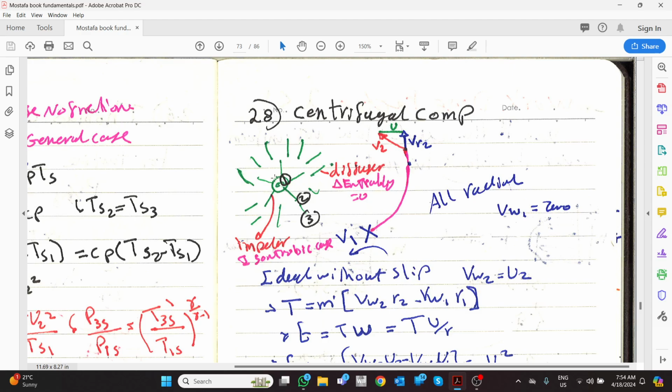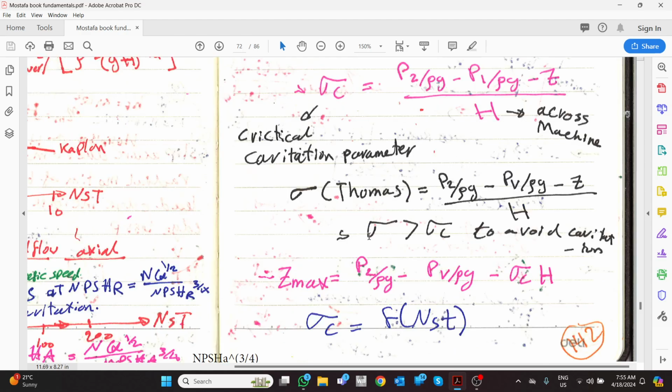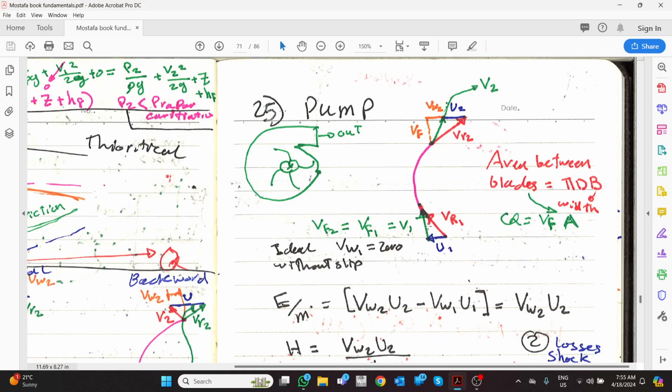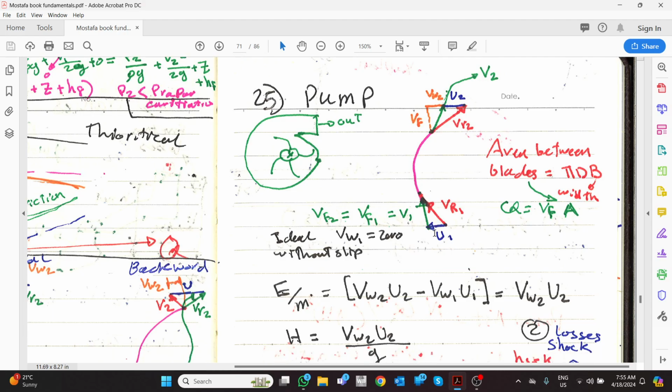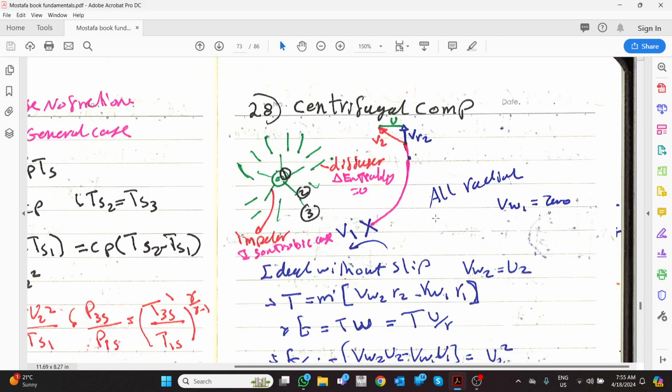So based on the rotation, and V is vertical here, similar to what we discussed before, you have U and you have V vertical, then the air will go like this. Based on no shock, and similar to the centrifugal pump, water goes like this, so V will be in the direction of the plate, and there is no whirling velocity, which we need to understand.